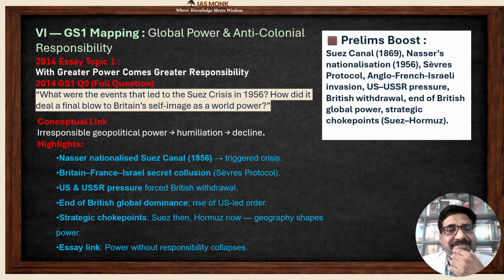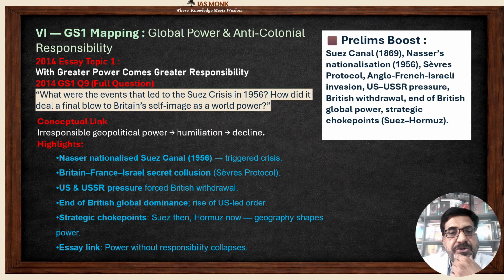The Suez Canal's strategic importance mirrors today's Strait of Hormuz. You know what is happening during the Iran, US, Israel war right now. It is a narrow choke point where global trade, energy routes, and geopolitical tensions converge. So questions are expected in the upcoming preliminary exam on this topic. Just as Suez shaped 20th century power politics, Hormuz shapes contemporary strategic calculations.